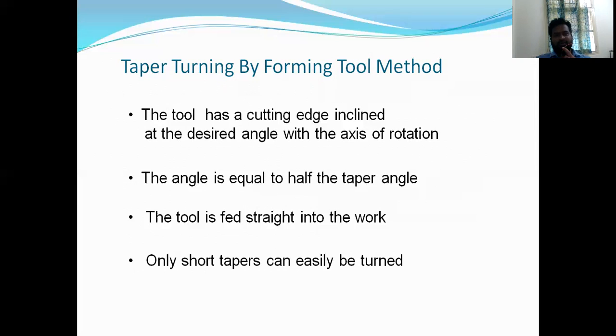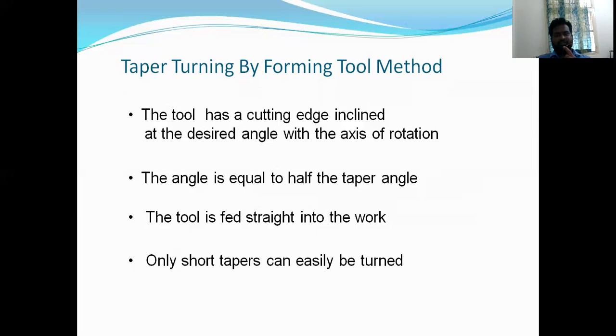For that reason, we give half of the removal of diameter. Here also the workpiece is rotating. That's why the angle is equal to half of the taper angle, and the tool is fed straight into the workpiece.